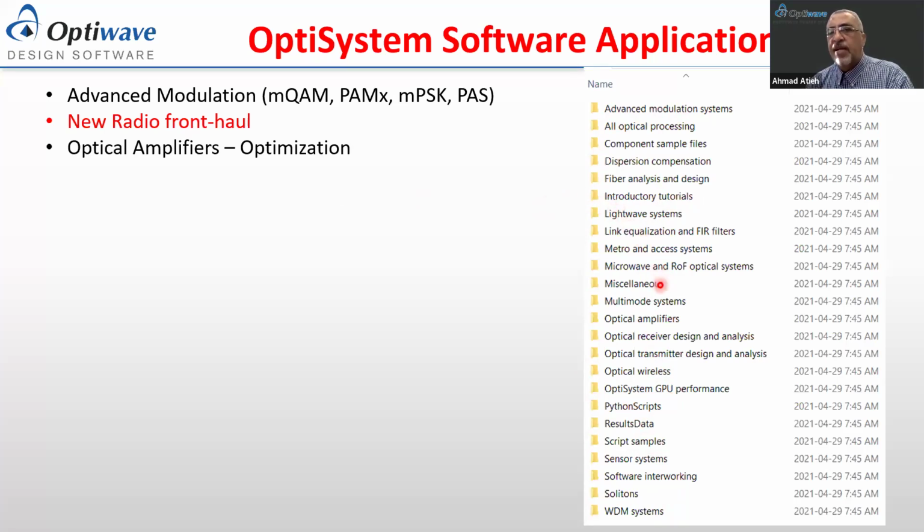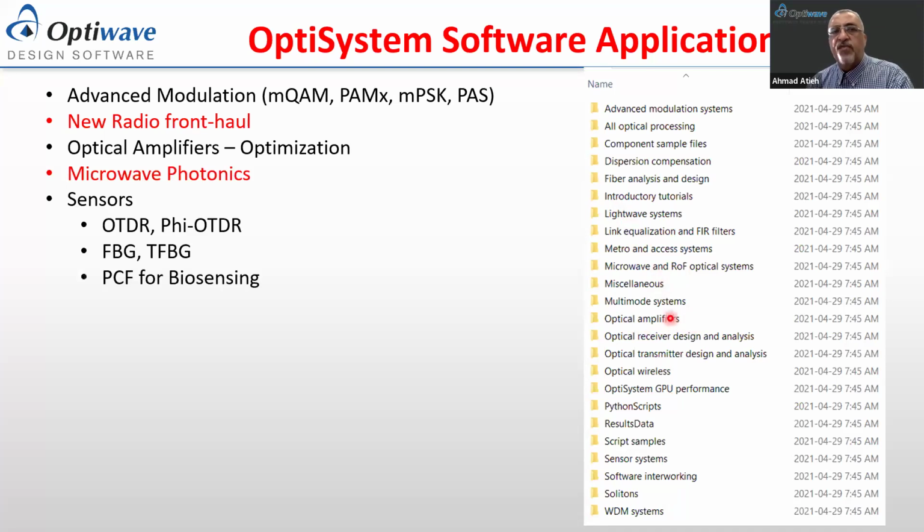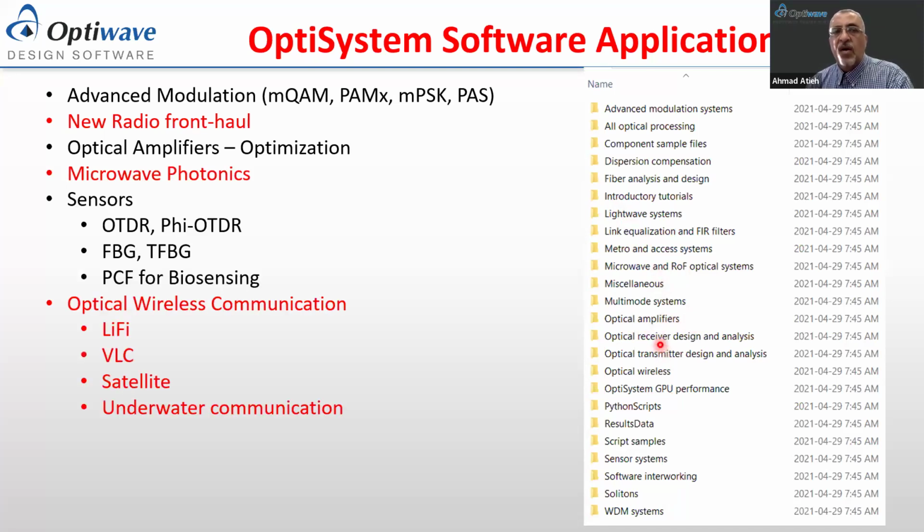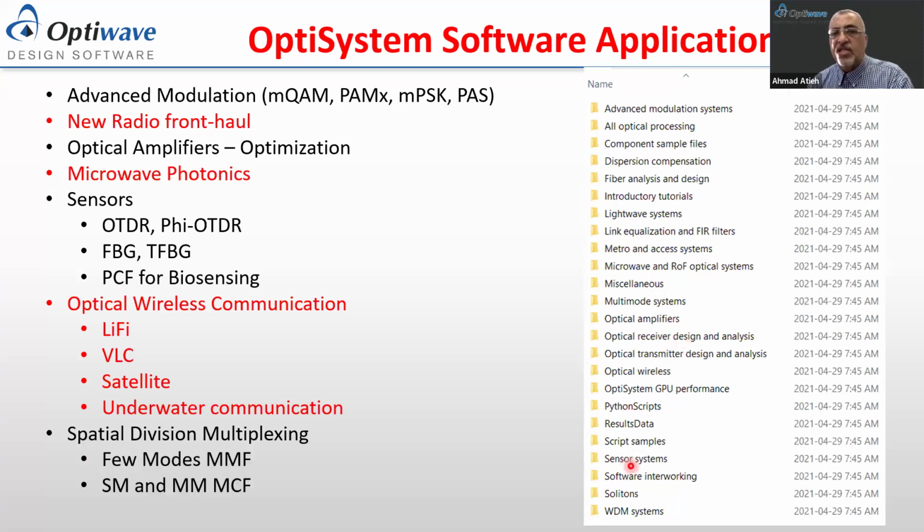There is optical amplifiers application, lasers, microwave photonics, sensors, wireless communication channels, as well as spatial division multiplexing for few modes or multi-modes, or you can have multi-core fiber single mode or multi-core fibers with multi-mode. So we support the quantum key distribution, which is the topic of today's webinar.